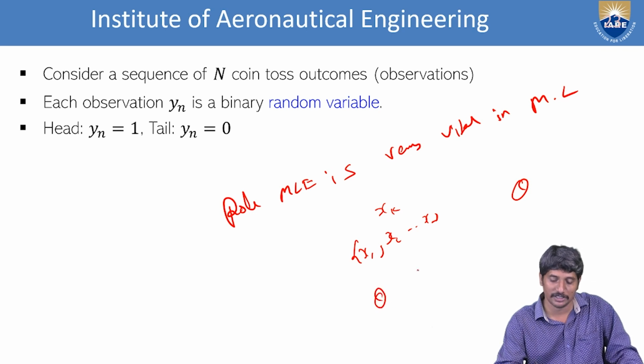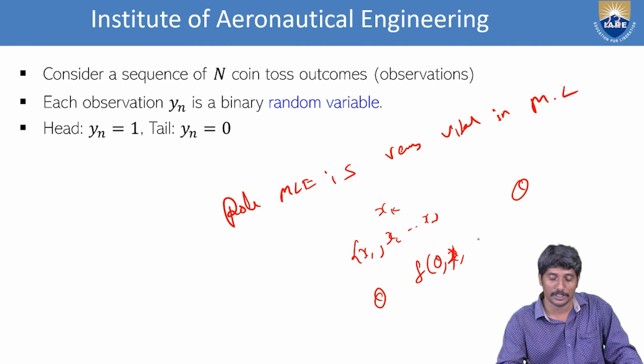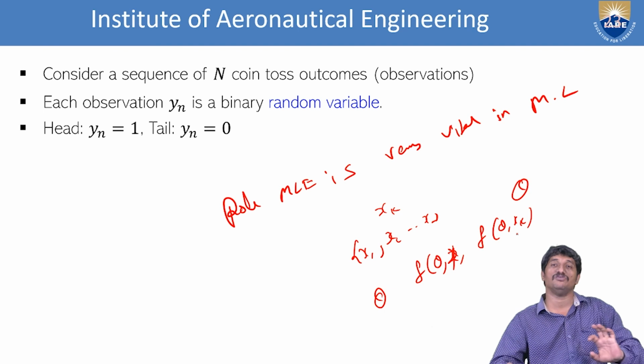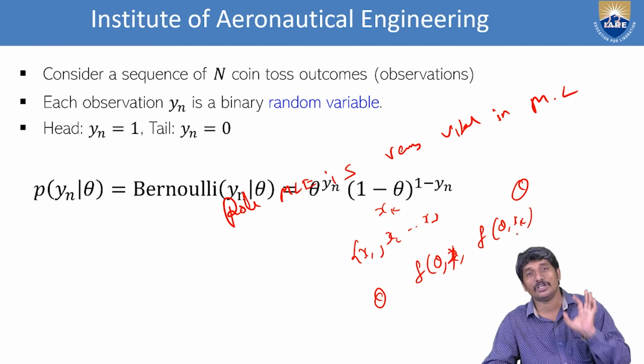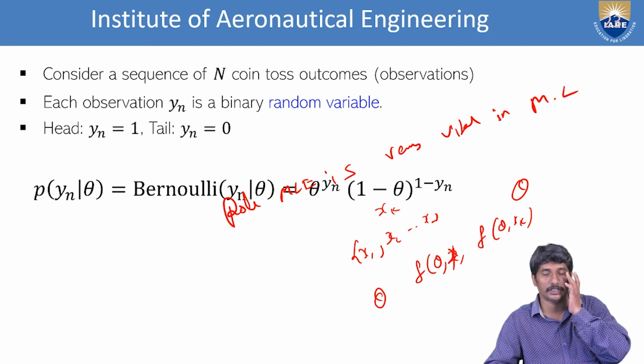After maximizing theta, we fix the function f with the maximum value of theta and the variable x. Then we use that to estimate f of theta comma xk, or whatever the missing feature. In this way, it plays a very important role in machine learning. That is why maximum likelihood estimation is very important.